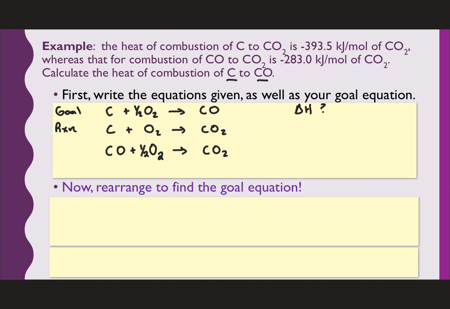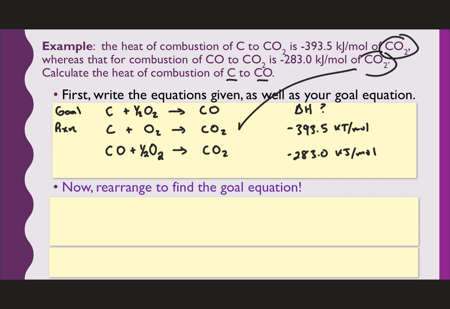Now, the values of these are given as negative 393.5 kilojoules per mole and negative 283.0 kilojoules per mole. And notice how it says per mole of CO2. So we had to make sure that we had just 1 mole, and we do. We have 1 mole for both of these. If it said something different, then we might have to change our reactions.